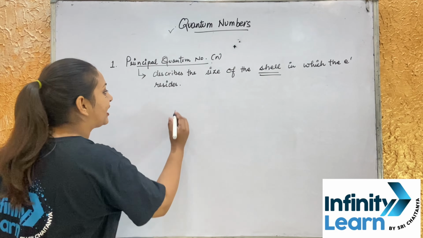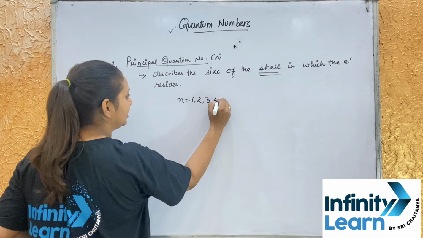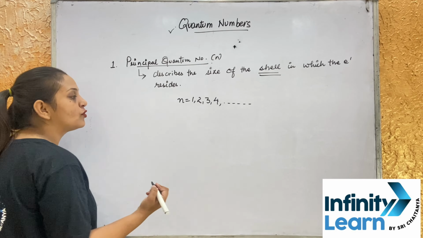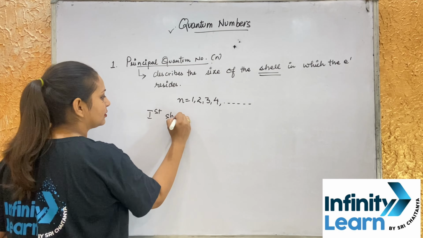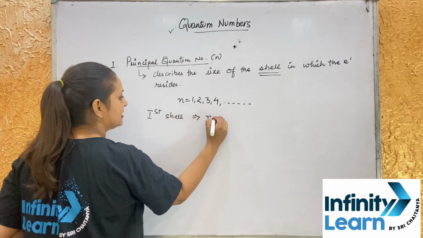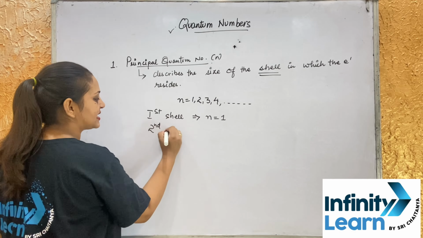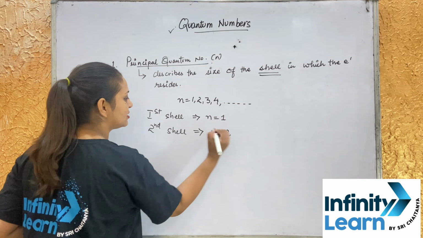The value of n could be 1, 2, 3, 4 and so on. If the electron resides in the first shell, this implies that the value of n is 1. If the electron resides in the second shell, then the value of n is 2.